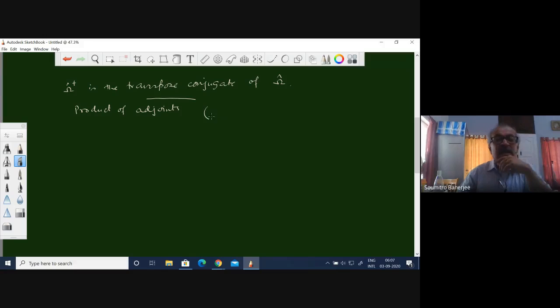It is essentially omega lambda, the whole thing, its adjoint. This is what we're trying to find out. We'll find that this is nothing but the multiplication of the adjoints, but in the opposite order. Let's just prove it.